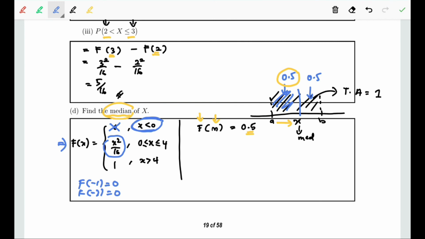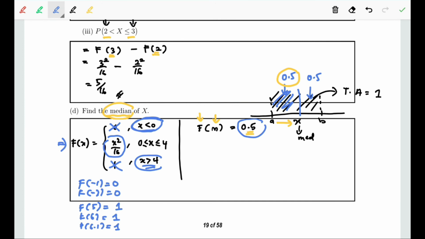So it's already eliminated. For the last function, for x greater than 4, f of 5 equals 1, f of 6 equals 1, f of 6.1 equals 1. So every single x greater than 4 will give you 1. We want to find what value of x will give you 0.5.